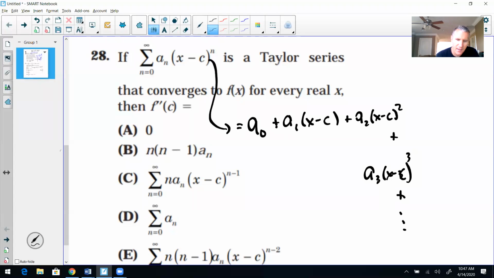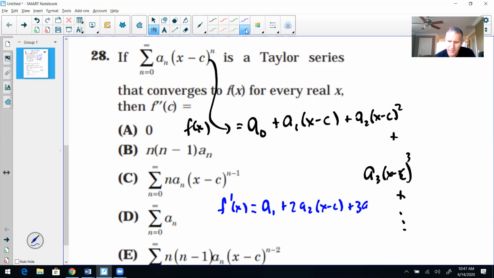So if you remember, f prime of x is equal to a sub 1 plus 2 a sub 2 times x minus c plus 3 a sub 3 times x minus c squared plus dot dot dot. And f prime of c: when you plug c in, all of these just go to 0, and it's just equal to a sub 1.